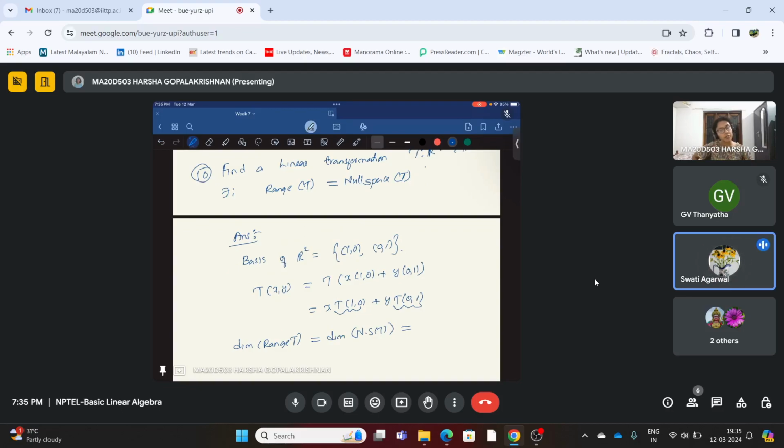Dimension of R2 means the number of elements in the basis. So what's the dimension of R2? The dimension of R2 is 2, because two elements are there which are linearly independent and span R2. Now, if you know that the range and null space are subspaces of R2, what can be the possible dimension of this range and null space?